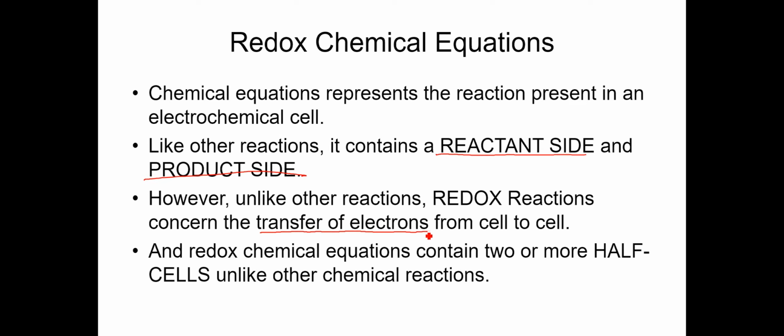So in a chemical reaction, it may happen on just a single cell or a single place, but in a redox chemical equation, there should be two or more cells involved. I have read some articles that involve three half cells, pero I am just knowledgeable with two half cells.